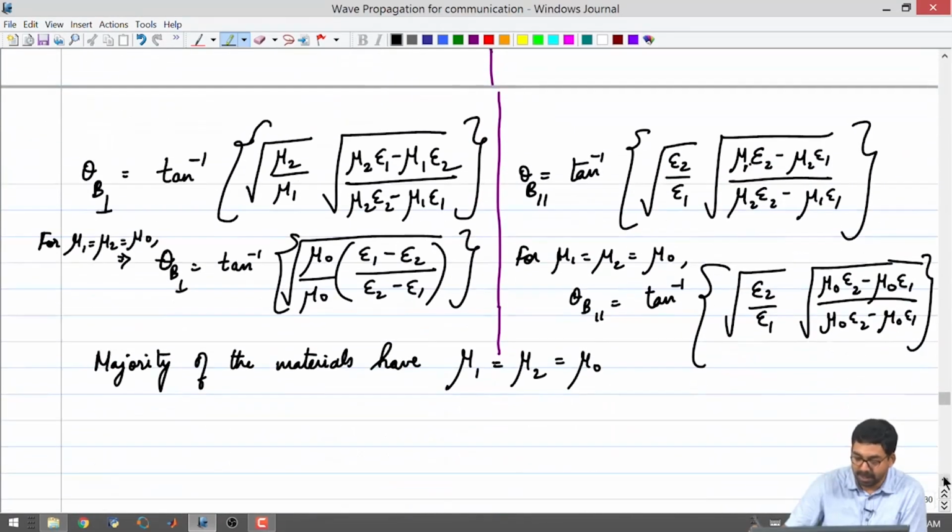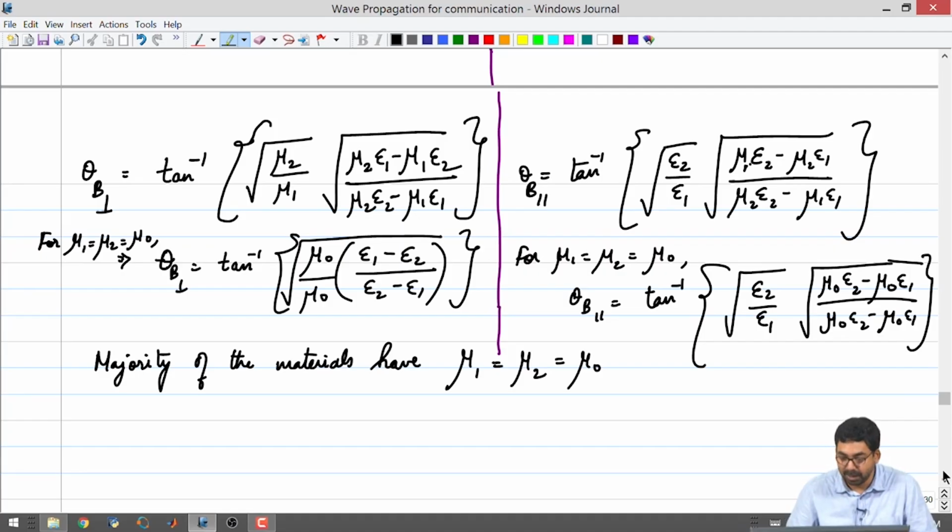And we also saw that in general cases, the Brewster's angle expression was that, right. However, one could say that the majority of the materials are non-magnetic. If that is the case, you could substitute for mu1, mu2 as mu0, and then you will observe that for the perpendicular polarization, the case for Brewster's angle is not easy to get.